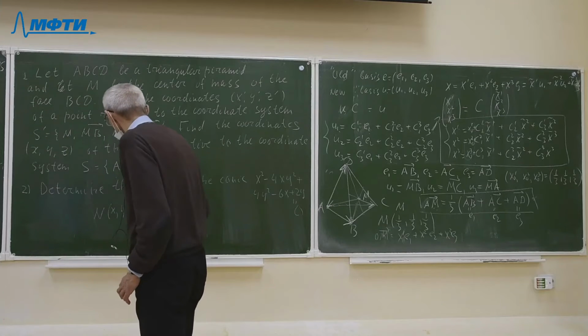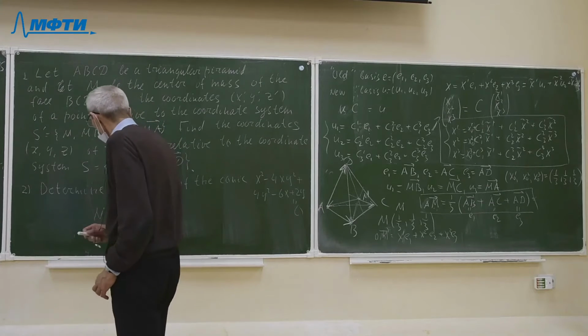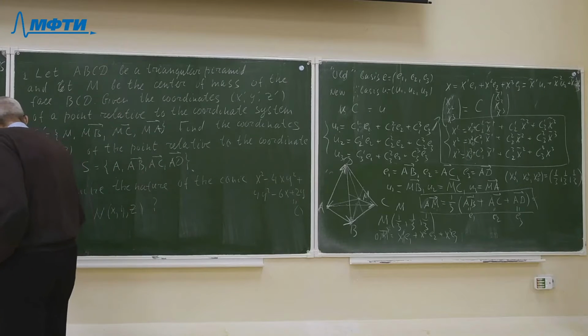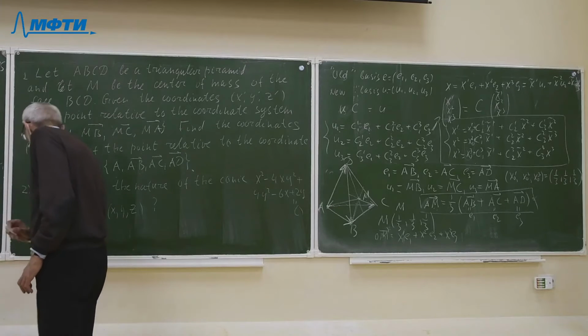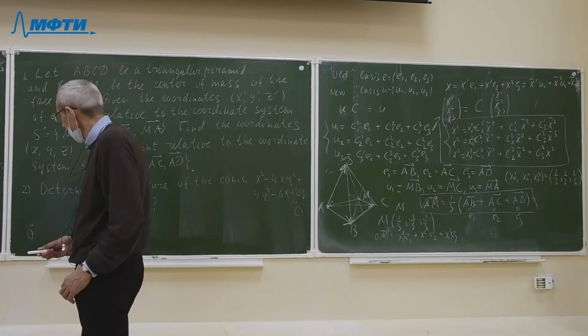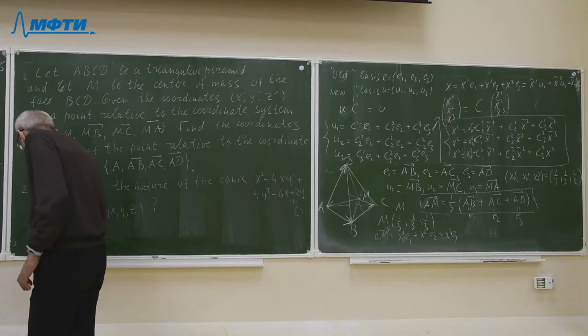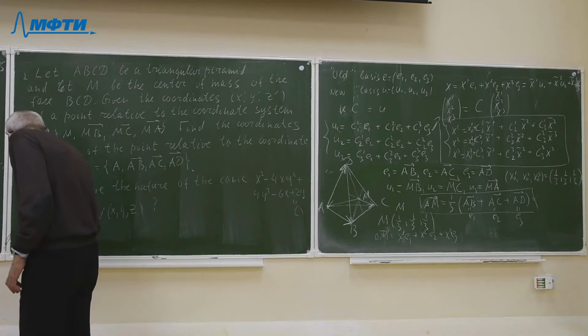By definition, we have some coordinate system or reference system. This coordinate system has the origin, point O, and the basis E1, E2, and E3.